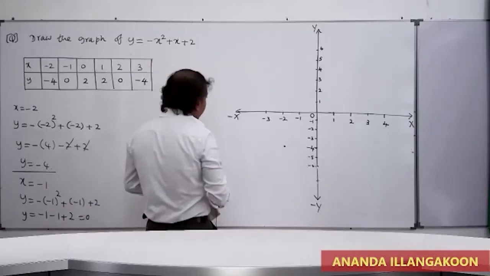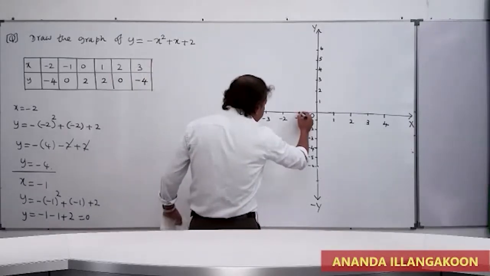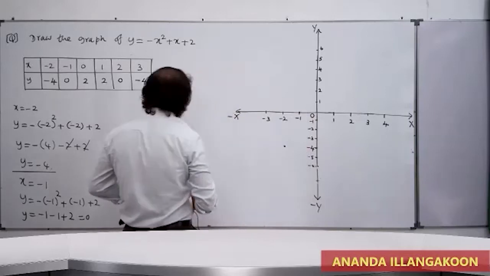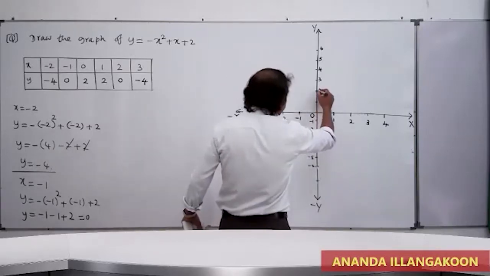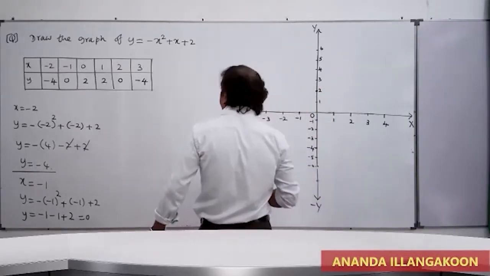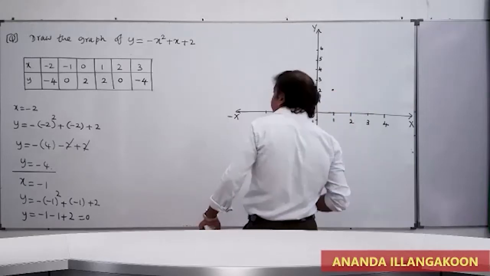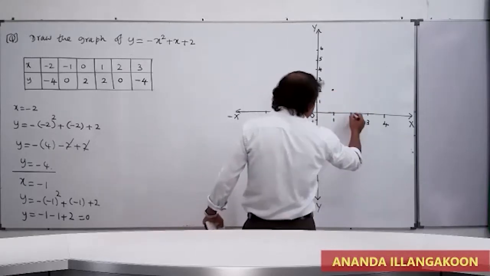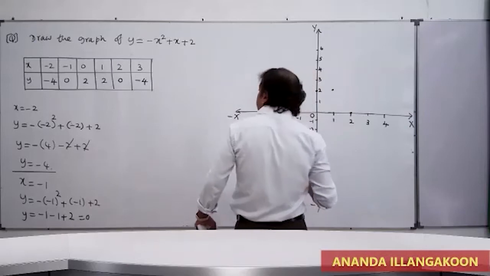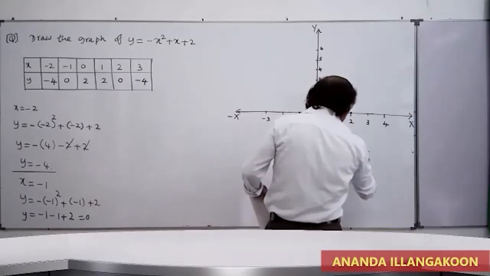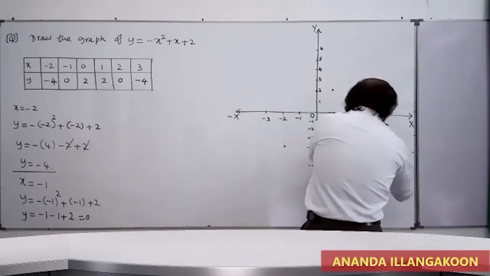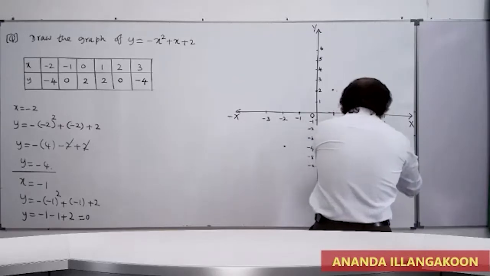X equals minus 1, y 0 here. X equals 0, y 2 here. X equals 1, also y 2. This point, people. X equals 2, y 0. X equals 3, y minus 4, right, like this here.